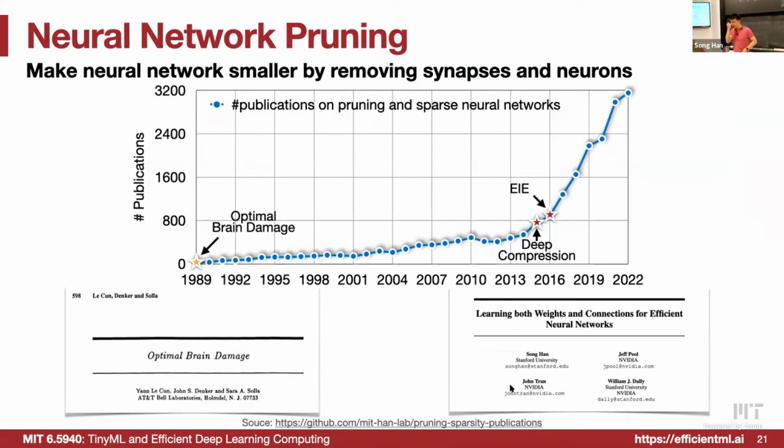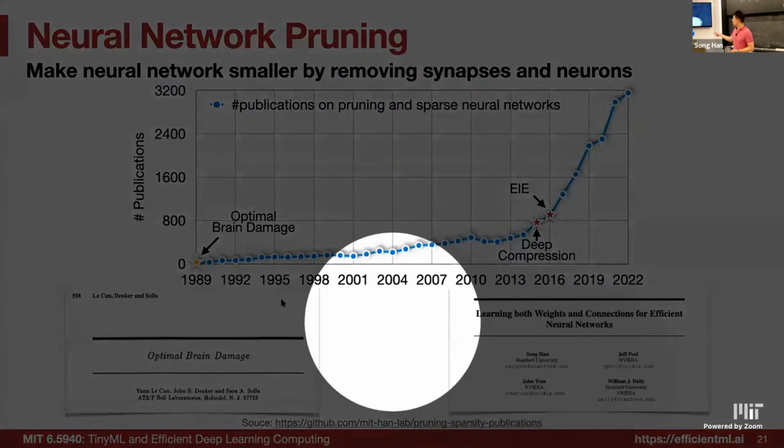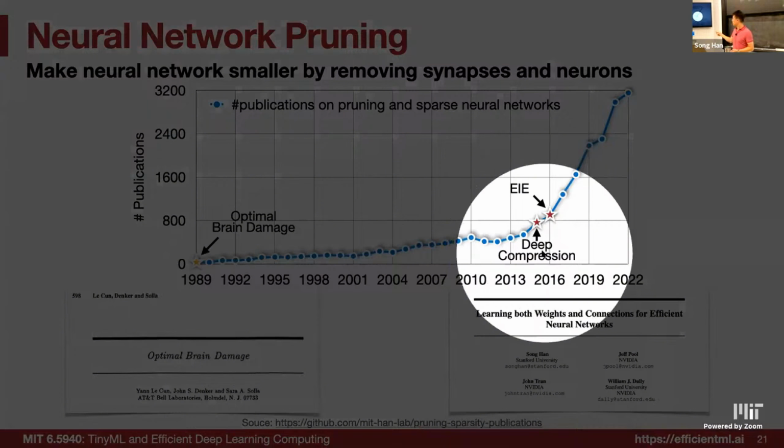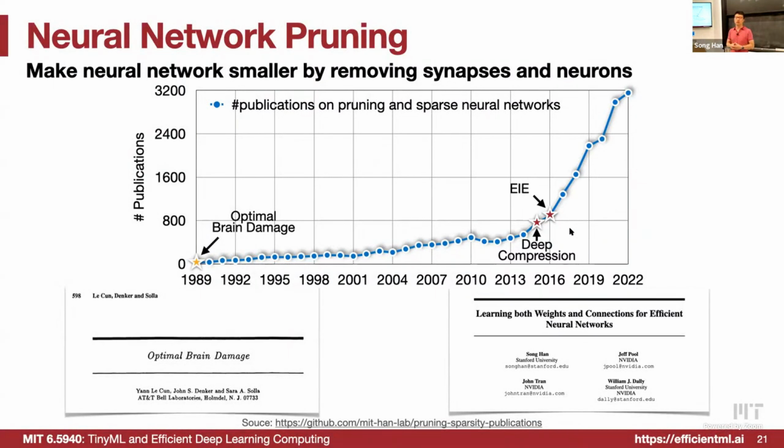So in recent years, pruning and sparsity is getting quite popular. This whole domain started back in the 1980s with the paper Optimal Brain Damage. Then throughout the years it gradually increased until 2015, 2016, when I published this paper called Deep Compression, we showed that these modern neural networks, given large-scale datasets and large-scale GPU training, we can aggressively prune.